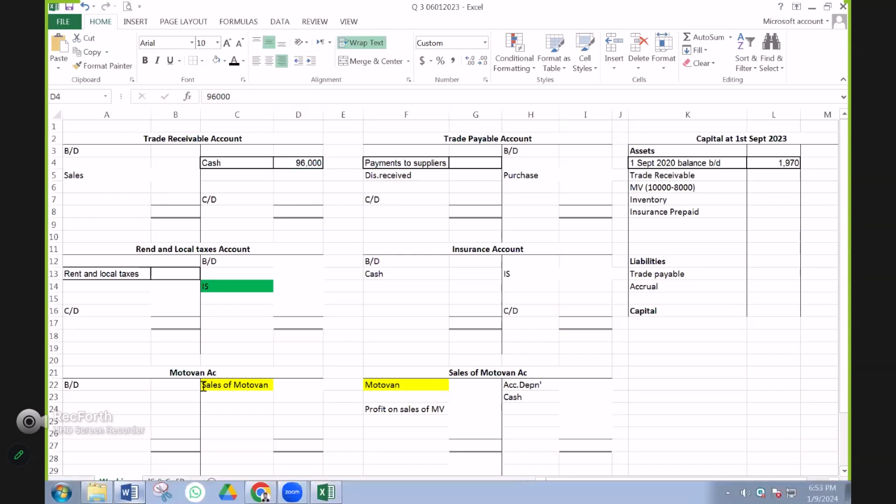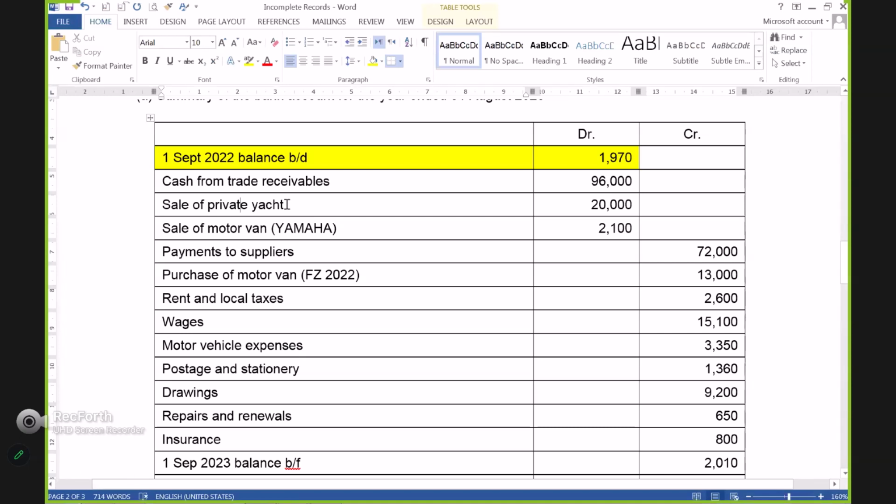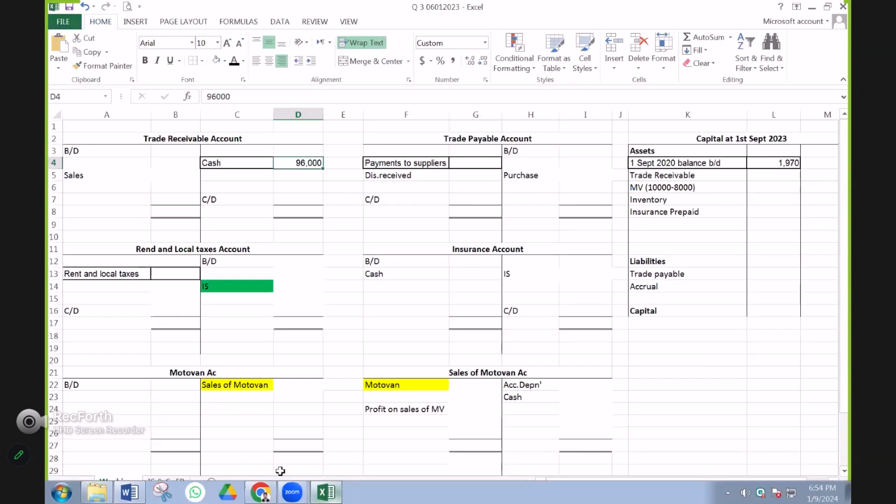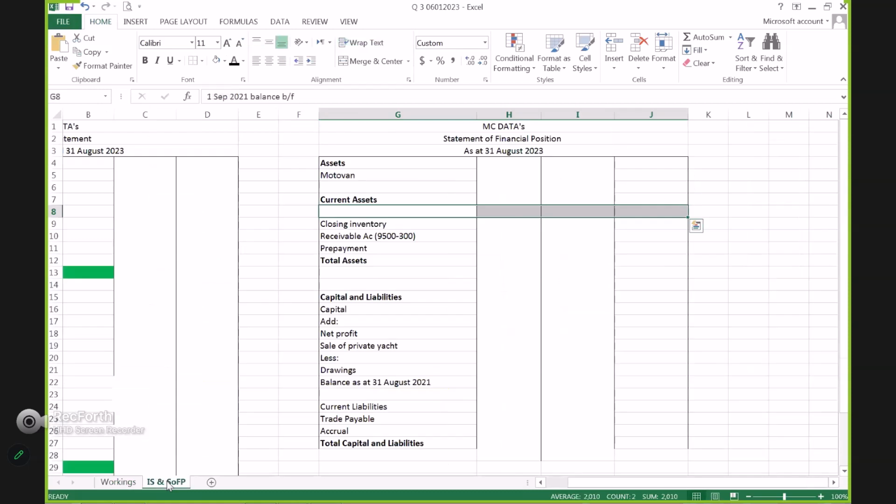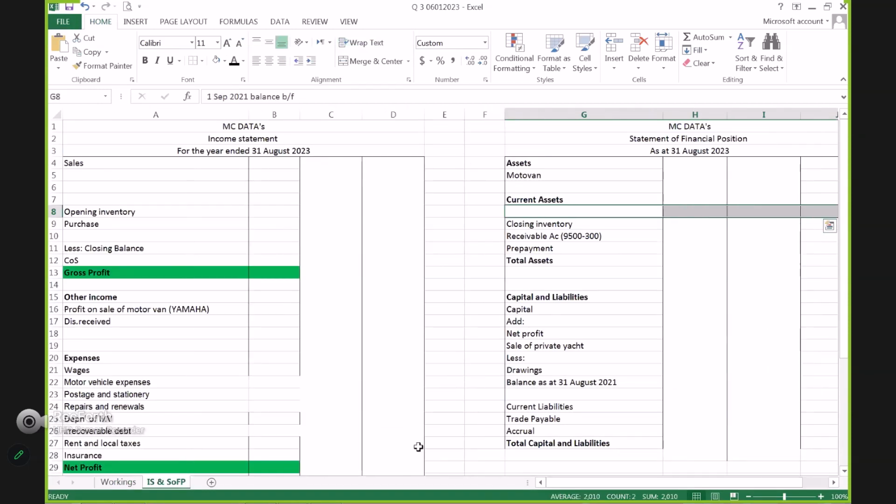Okay. Next one, sales of private yacht. So the sales of private yacht means, it is an income, no? It is an income. So is it other income? What is that?